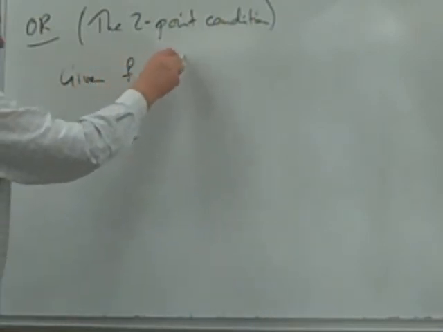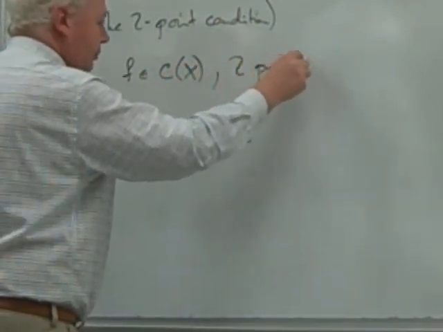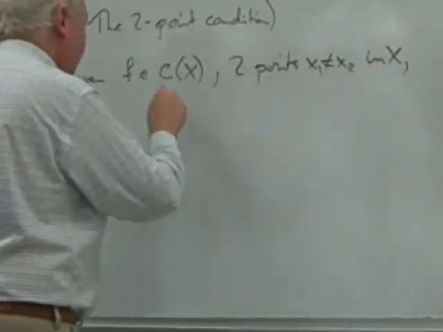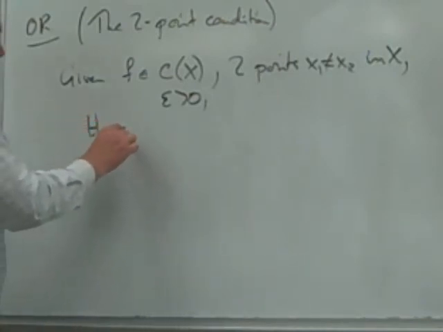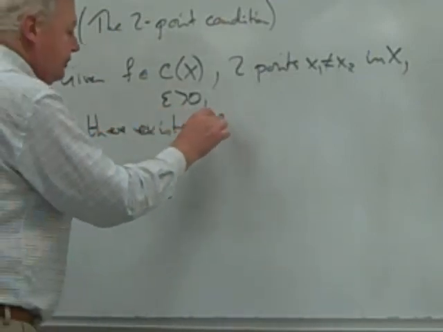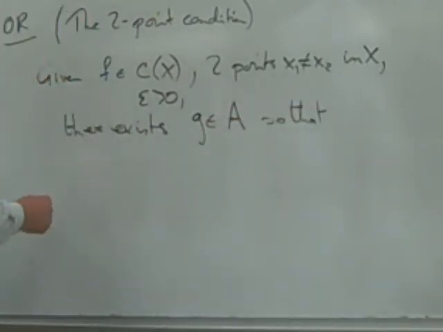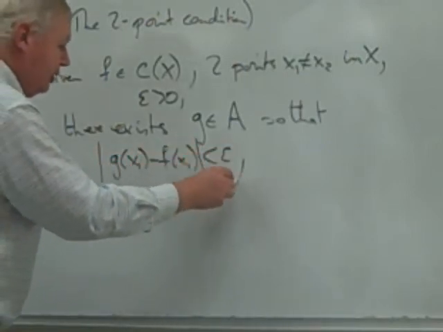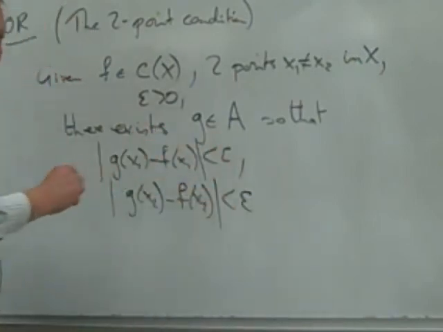Given an f in C of x, 2 points x1 not equal to x2 in x, and an epsilon greater than 0, there exists a g in our algebra of functions so that at the 2 points, g of x1 minus f of x1 is less than epsilon, and g of x2 minus f of x2 is also less than epsilon.